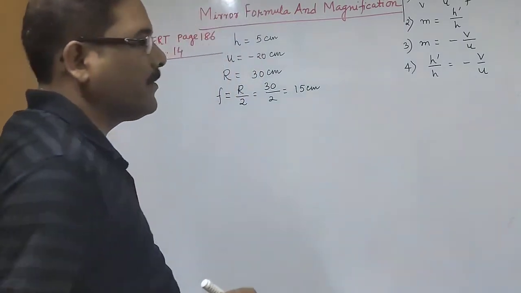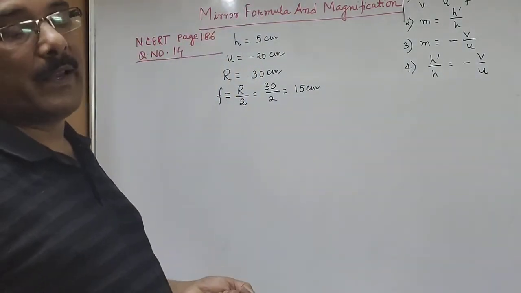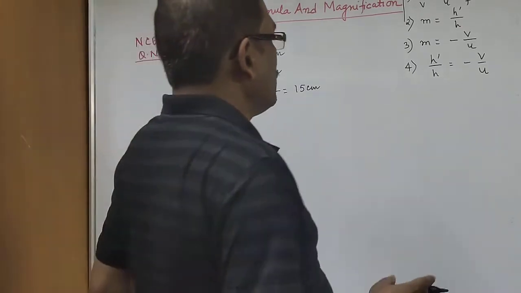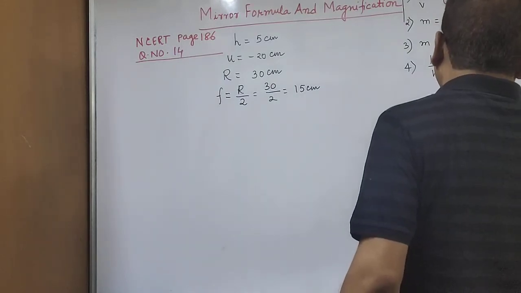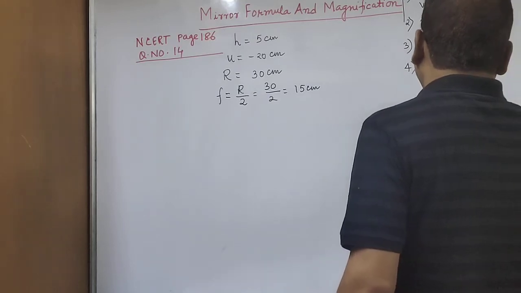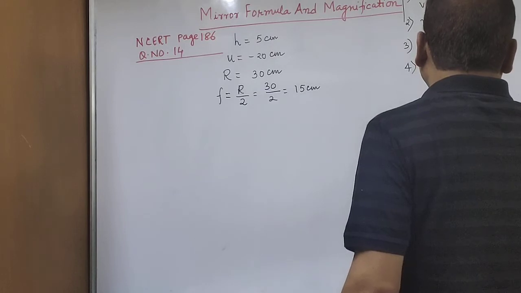Now you have to think about the focal length of a convex mirror, whether it is positive or negative. A convex mirror is like this. Go through the sign convention: if parallel rays of light fall on a convex mirror, they reflect from the outer surface like this.